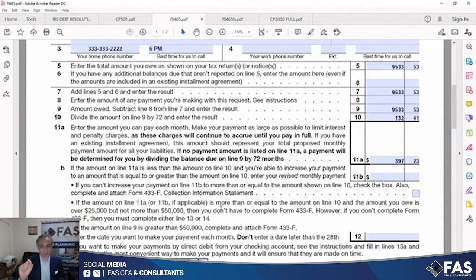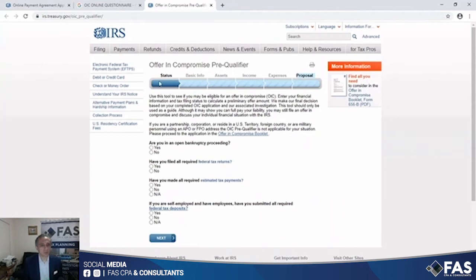If your budget is so compromised with food and your necessities that there is no money left to pay the IRS, then go through this questionnaire, the offer in compromise pre-qualifier, OIC, and go over the questions, and at the end tell them how much you can pay.